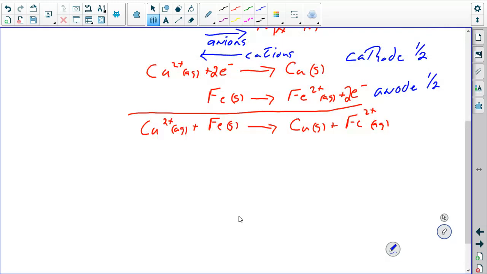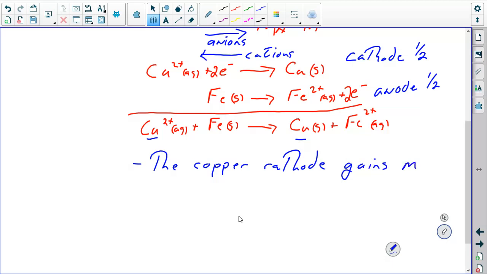We started with aqueous copper ions, and we ended up with copper solid. So the copper cathode gains mass. We're taking copper ions, which were floating in solution, and they're going to end up on the copper electrode.